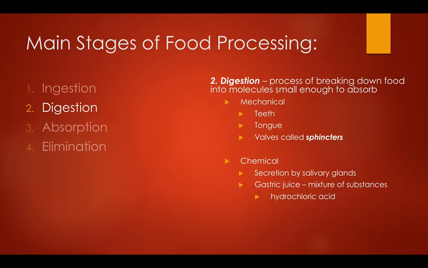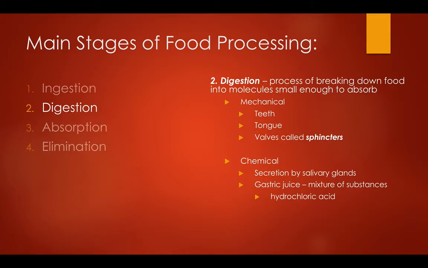Chemical digestion is the chemical breakdown of those food items. This happens mostly in the stomach, but it also starts in the mouth through the secretion of salivary glands. So the saliva in your mouth is actually helping kickstart the digestive process.